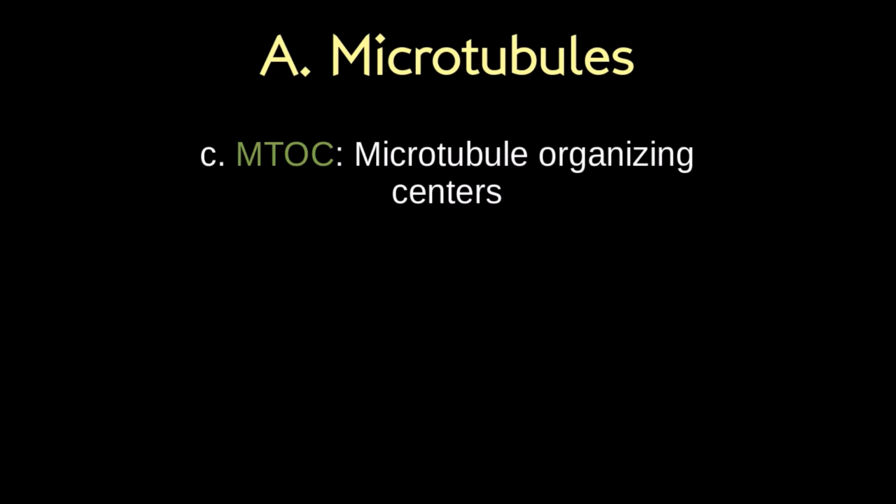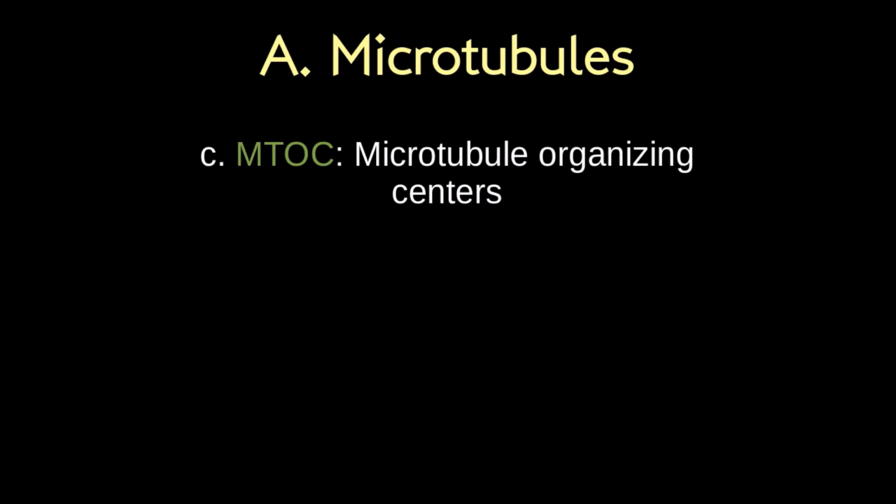This is a structure that essentially exists long term, but you will have microtubules being constructed from it. So essentially, this is almost like a nucleation center. It's a beginning of a microtubule that will then add on additional tubulin to extend the microtubule.